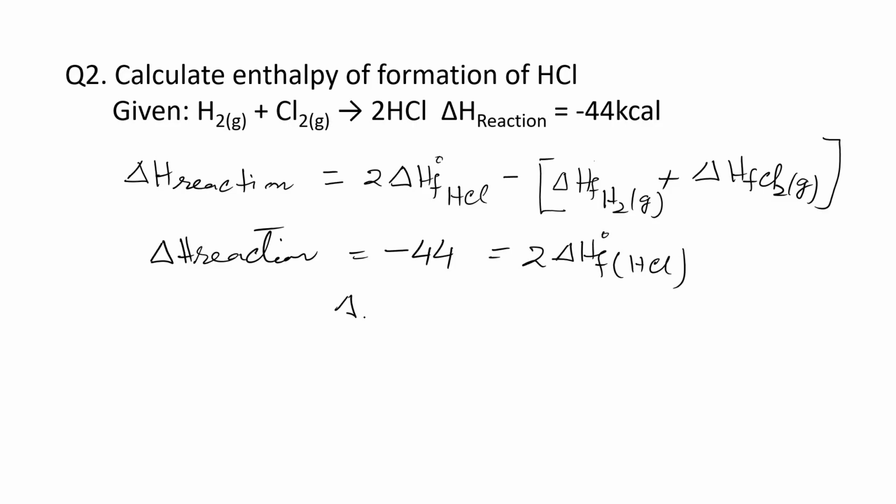So delta HF, that means enthalpy of formation of HCl, will be equal to minus 44 by 2, which is equal to minus 22 kilocalorie.